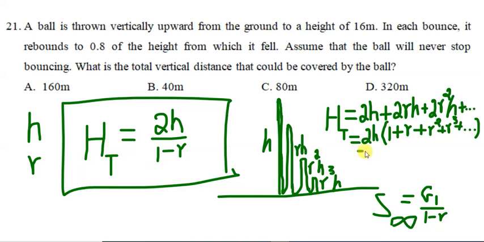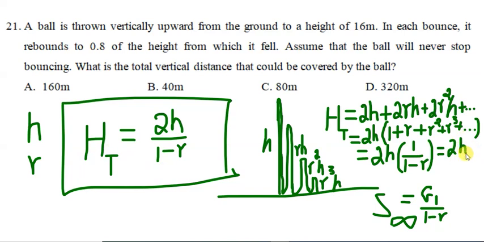And therefore, in this case, our first term is 1, and our common ratio is r, and the total vertical distance or height covered by the ball should be given by 2h times 1 over 1 minus r. Now we have every variable in this case. We have h, we have r, and therefore simply substitute those numbers for the indicated variables.